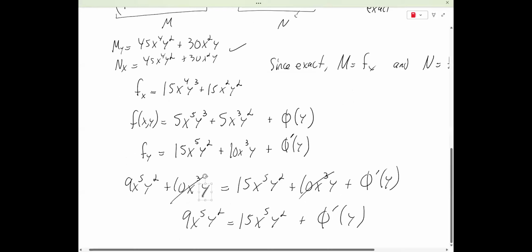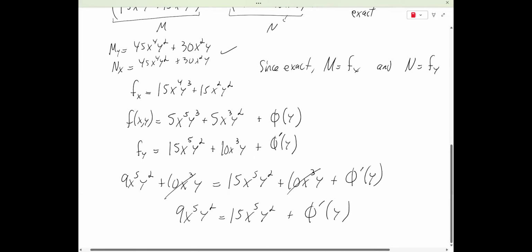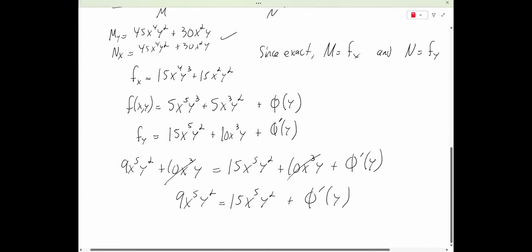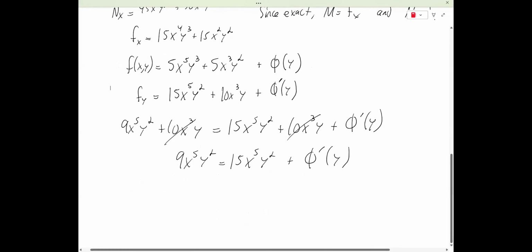That's that side, and this side is this. But I can't get rid of the x to the fifths there, I don't think.